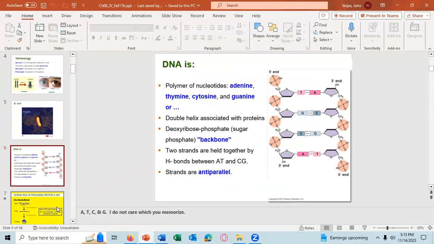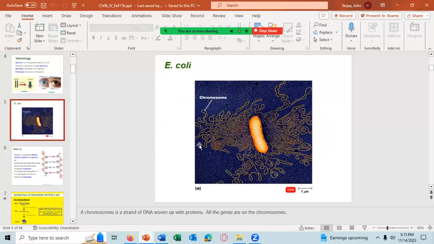And you can either learn it by those names, or you can call it A for adenine, T for thymine, C for cytosine, and G for guanine. DNA is a double helix associated with proteins to make the chromosome, meaning a chromosome, which is true for both eukaryotes and prokaryotes, is made up of both DNA and protein. Any question about any of that?